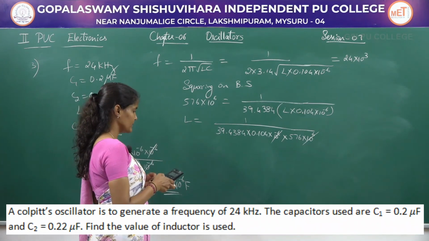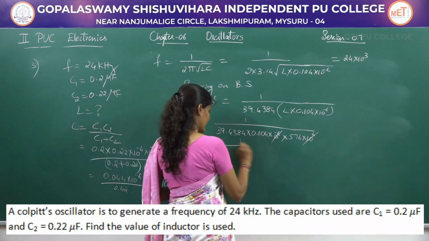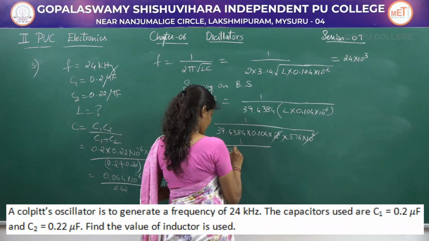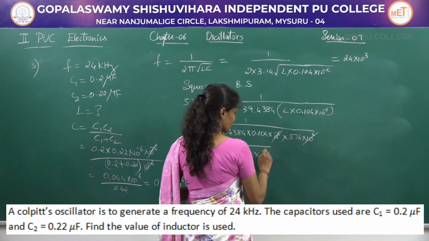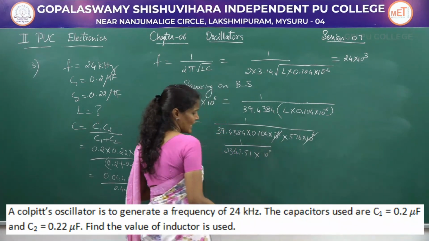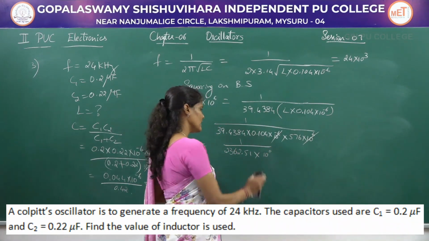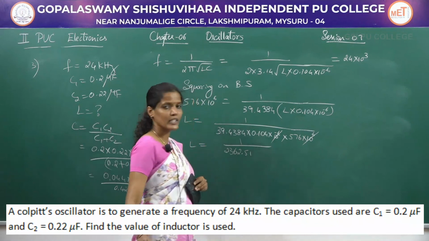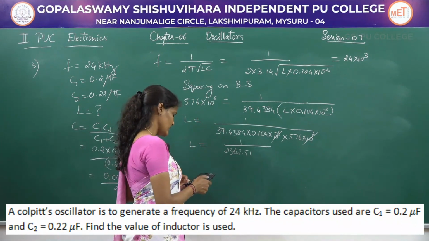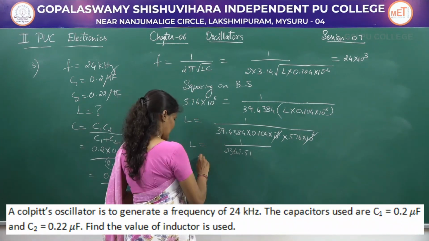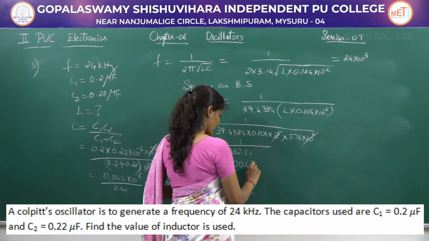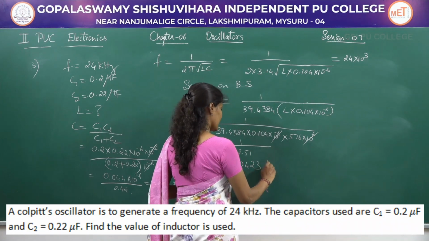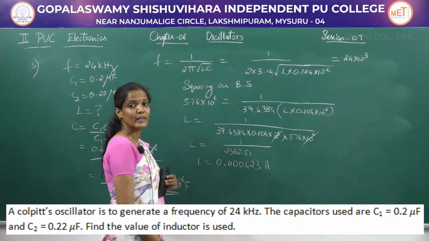So I will be left with L is equal to 1 divided by 2362.51 into 10 to the power of 0, so I will not be having any power of 10 terms. So 1 divided by this answer gives me L value as 0.000423 Henry, but let me keep this in millihenry.